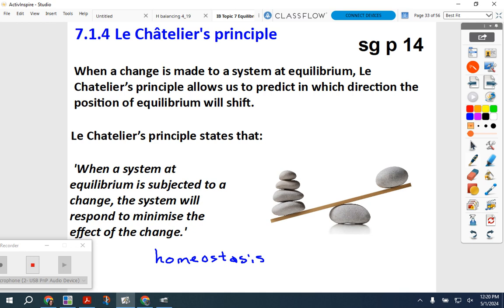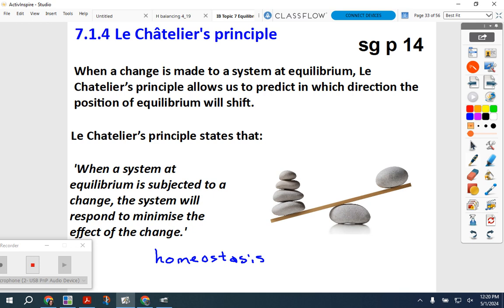I put the word homeostasis on this slide because if you're a biology person, you probably know what that is. That's the processes by which we keep a lot of our properties within a narrow window. So our body temperature needs to stay within a narrow window in order for enzymes to function optimally, and probably a lot of other things as well.